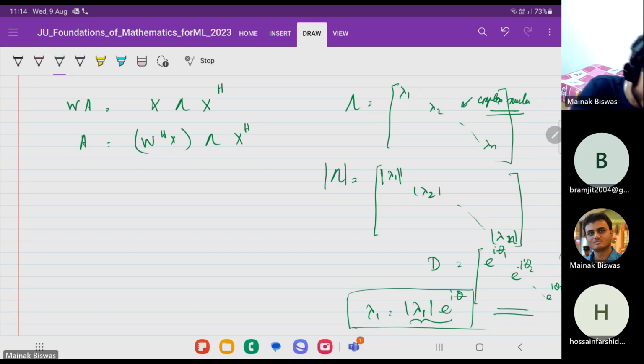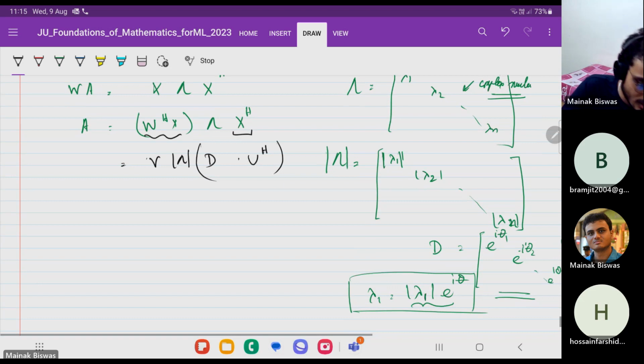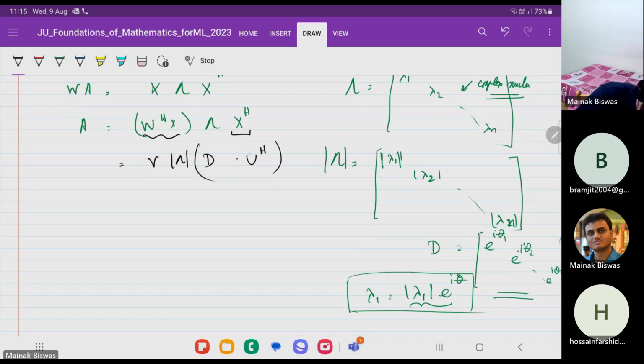Good. So now I can write this as some V and this as some U, and I will write sigma Hermitian as sigma Hermitian and D. So now D will just scale the columns. It will not do anything to their perpendicularity. So what will happen?